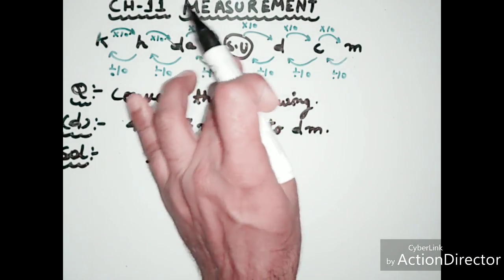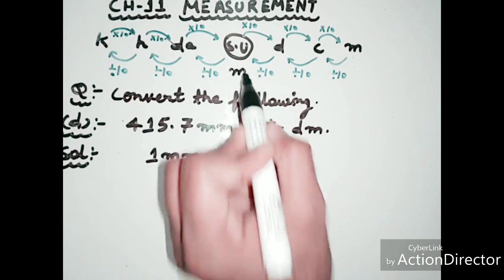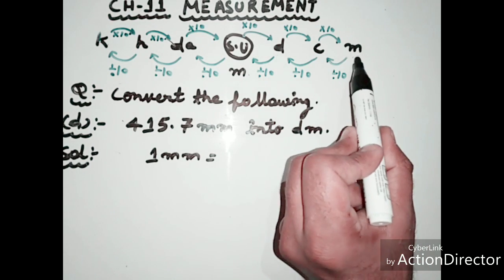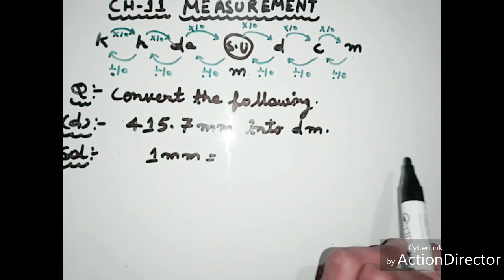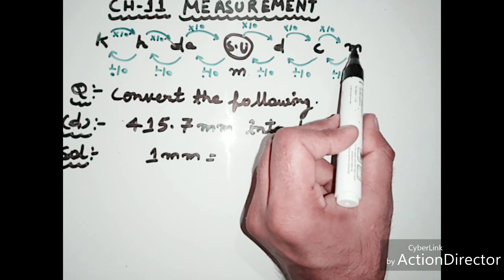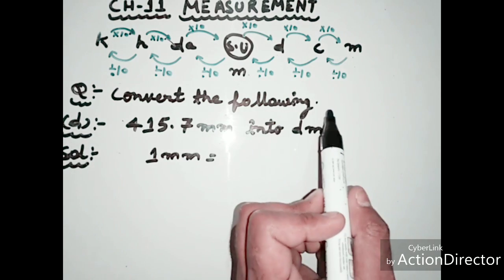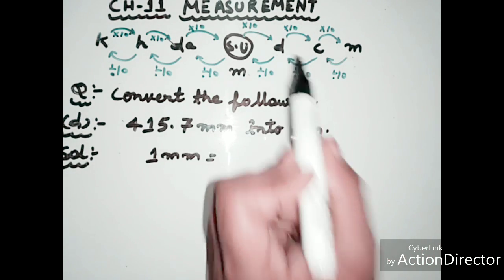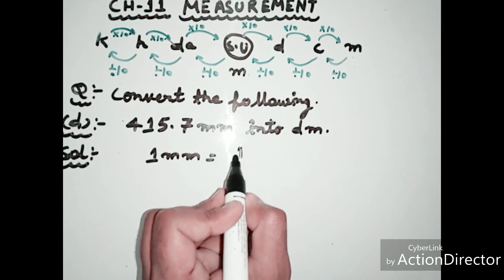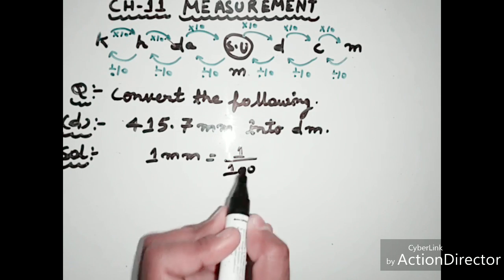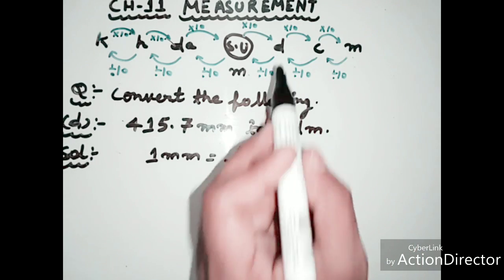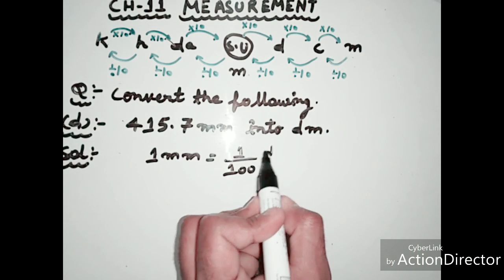If we take standard unit meter, so millimeter is here and decimeter is here. So we move 2 places to left hand side, means lower to higher units. So we write 1 upon 100 decimeter.